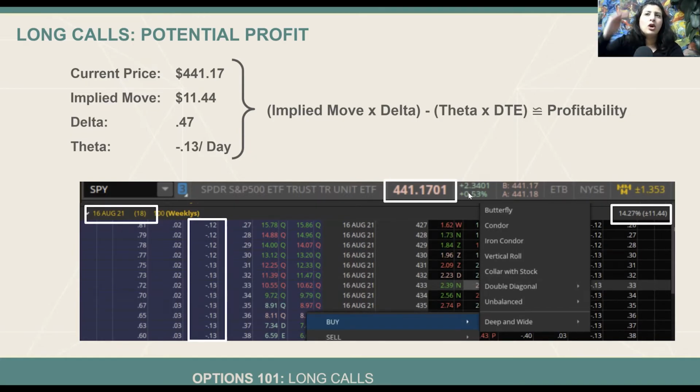So when you're out the money, you might lose $2 or $3, but you might only lose some cents on the number of contracts you have, because you didn't have that much delta exposure anyways.